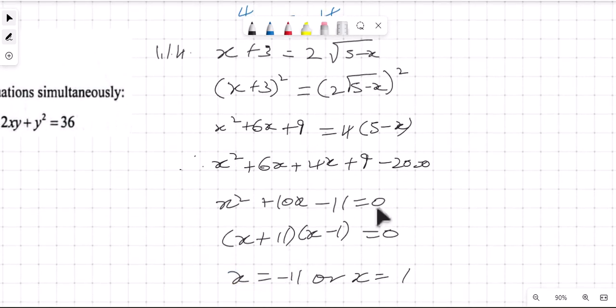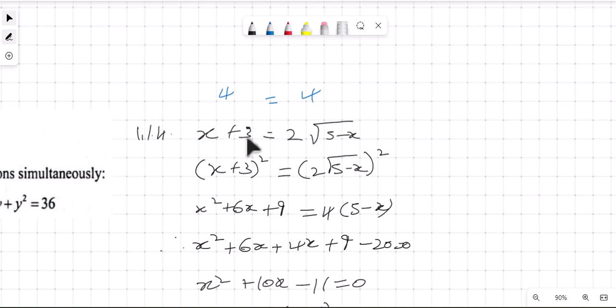But let's test first. Negative 11 plus 3, the answer is negative 8.